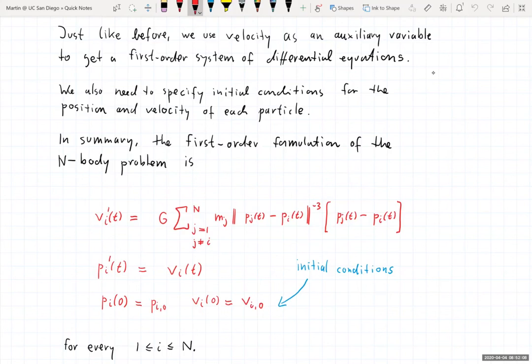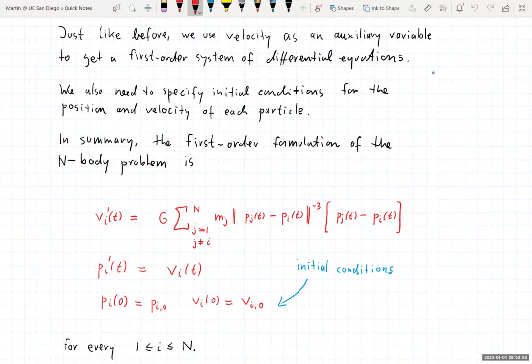And since we have a position variable and a velocity variable for each particle, we also need to specify initial conditions for each of those two for every particle. So we just say that p_i at t equals 0 is equal to p_i naught, and v_i at t equals 0 is v_i naught, where p_i naught and v_i naught are the initial positions and initial velocities.